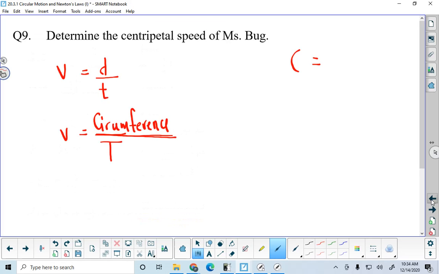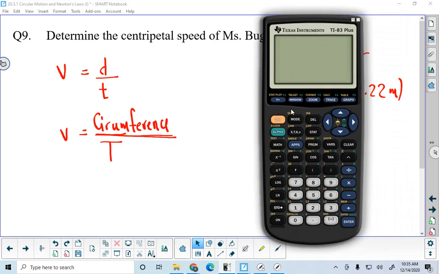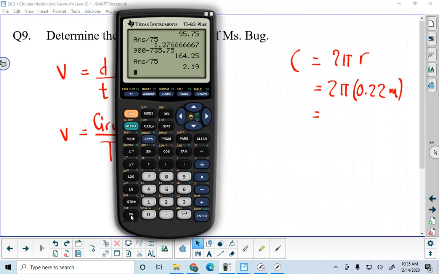So we can take 2 times pi times the radius, and that's going to give us the circumference, which is 1.38 meters approximately.